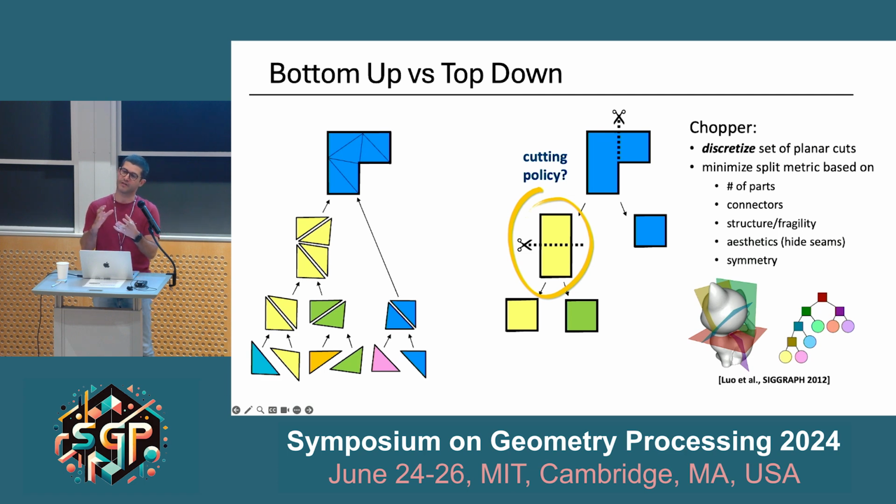You want to make sure that the parts are thick enough for having room to position the connectors, especially the negative part of the connectors, which are going to be like curves in the part. And then they also consider the structural fragility of the object and the aesthetics. So you don't want to have horizontal cuts in very visible parts of the shape, and so on and so forth. So they consider this metric for a bunch of different cutting planes, and they just select one cutting plane which is the best suitable for that particular problem.